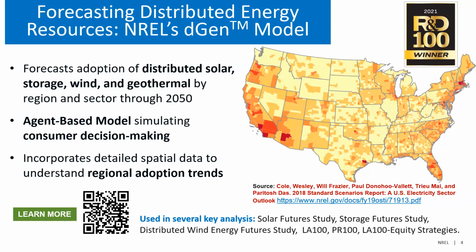We have also done a lot of studies not from DOE, such as the LA100 study, and a number of studies with utilities that we have been incredibly lucky to be part of.